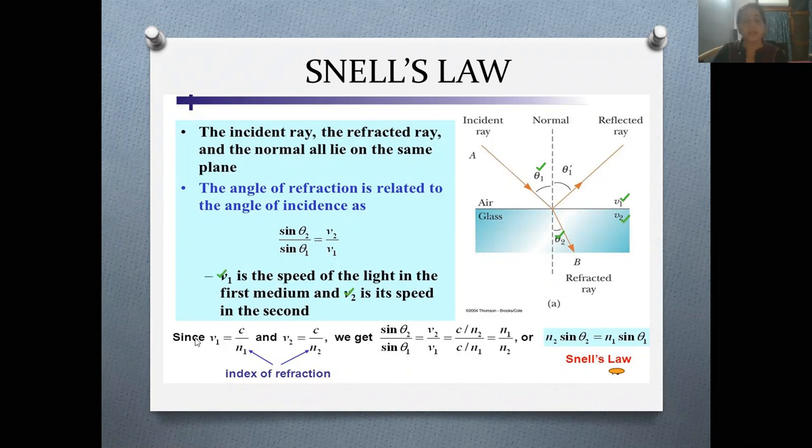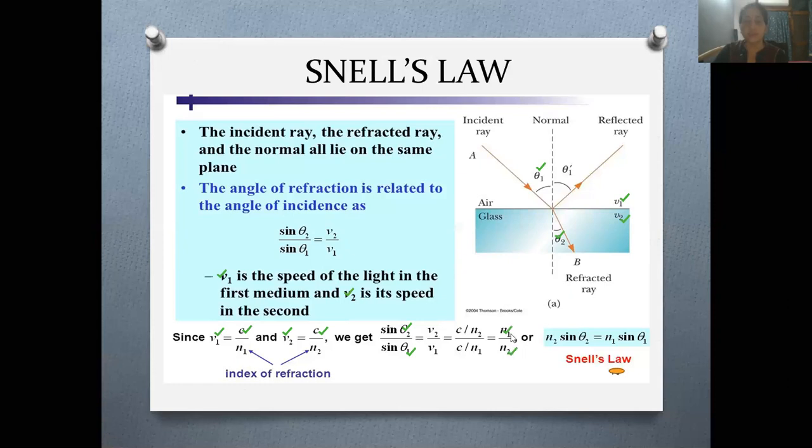Since you learned that the refractive index n is equal to c upon v, v1 is equal to c upon n1, v2 is equal to c upon n2. So if we substitute the values, sine theta2, that is sine r, upon sine theta1, that is sine i, is equal to v2 upon v1, which is equal to n1 upon n2.